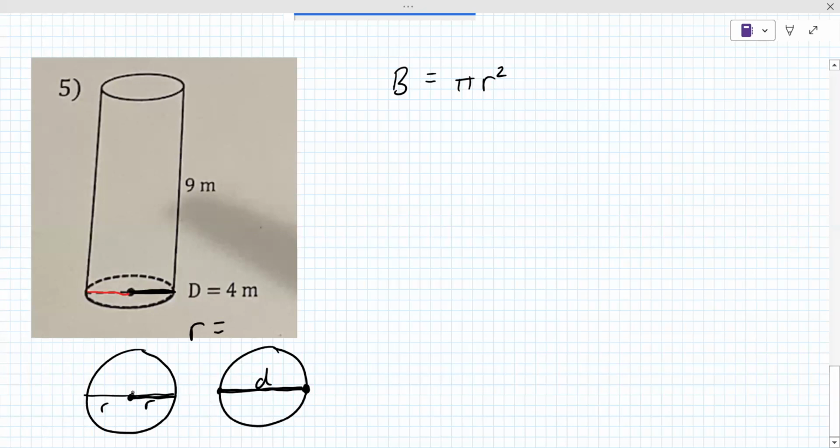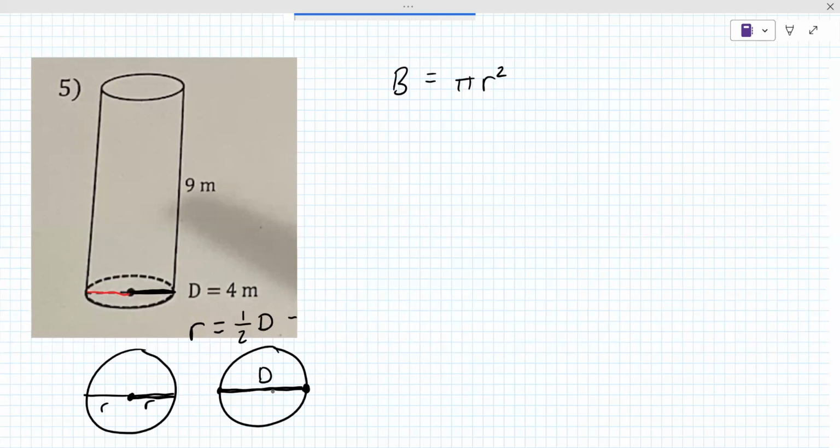The radius is half the diameter. So what is half of the diameter in this problem? 4. What is half of 4? 2.